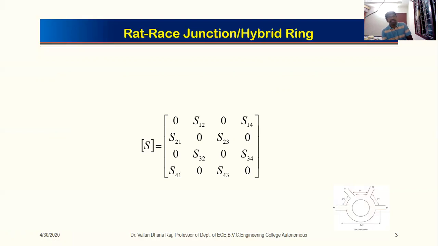If I multiply a row with another column, R1 C3, R1 C2, it is going to become 0. This happens in the case of a lossless system. We can estimate all the scattering matrix values by solving the 5 equations that come out. What are the 5 equations?